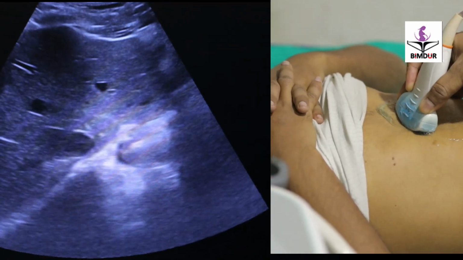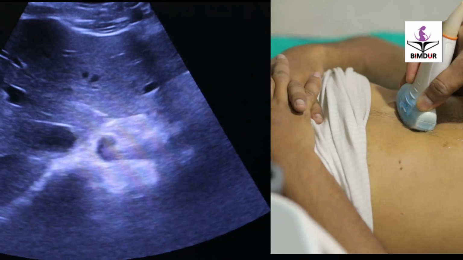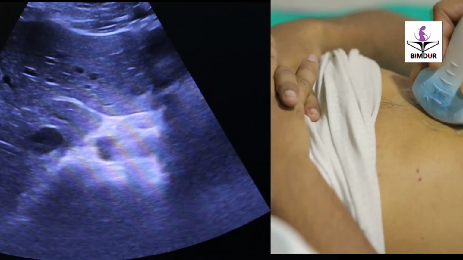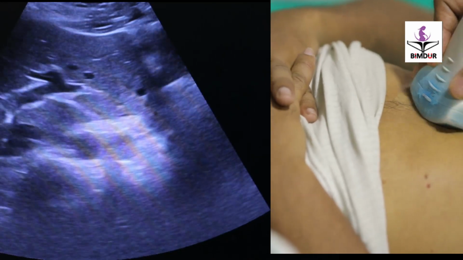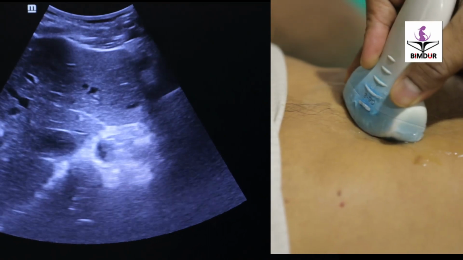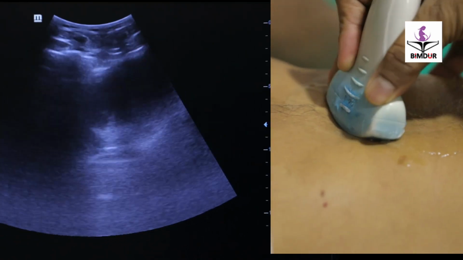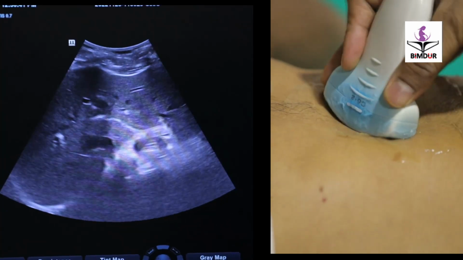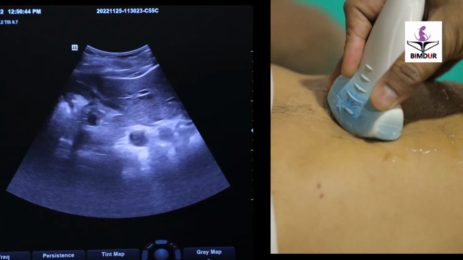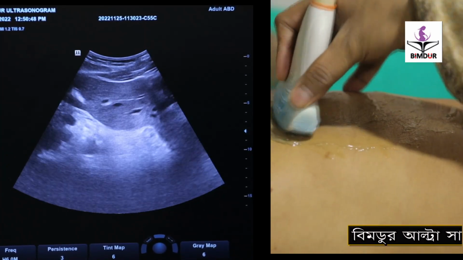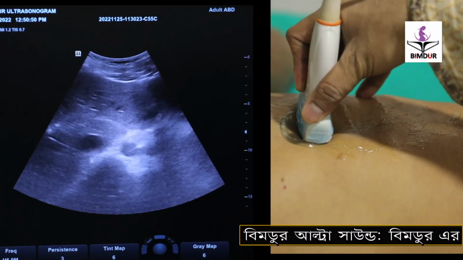The probe direction is transverse, at 90 degrees, or oblique and backwards. When the probe direction is oblique and backwards, you see the left lobe of liver and pancreas.